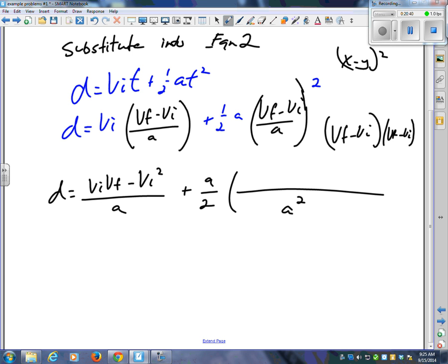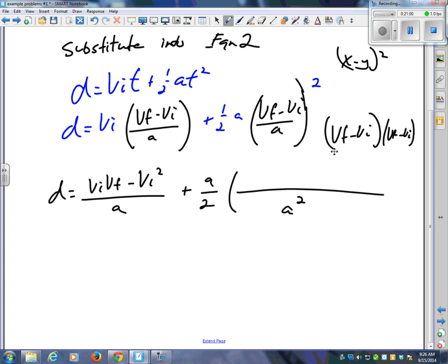If I gave you x minus y all squared, can you do that in your head? What would it be? I'm thinking it should be automatic for you. No? Isn't it x squared minus 2xy plus y squared? Okay, so now apply that to this.